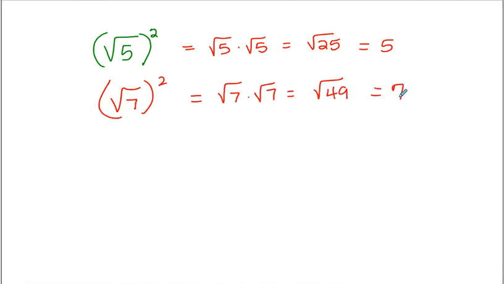So what you may be noticing is that the square is actually undoing the radical, and that's because they are inverse operations of each other. The square and the square root are inverse, so they undo each other. So that square actually cancels out the root, leaving me with the number that's under it. So if I see root 8 squared, then I know my answer is just 8.